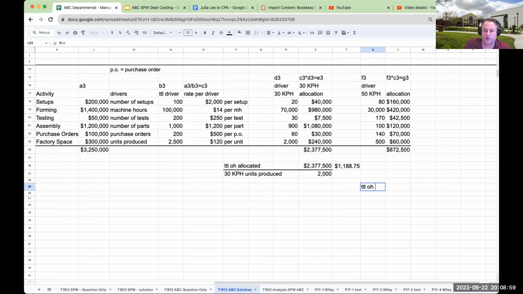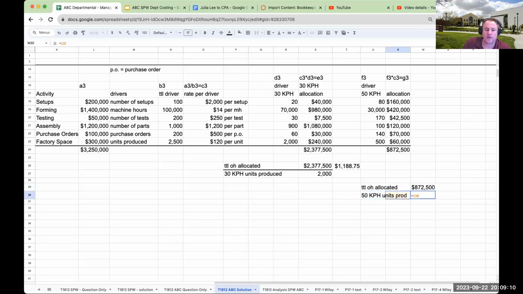So my total overhead allocated is 872,500. My 50 kph units produced is going to be 500 because that's how many units I produced. So my rate per unit of overhead is going to be 872.5 divided by 500, or a total of 1,745.